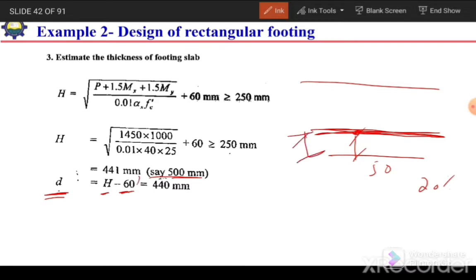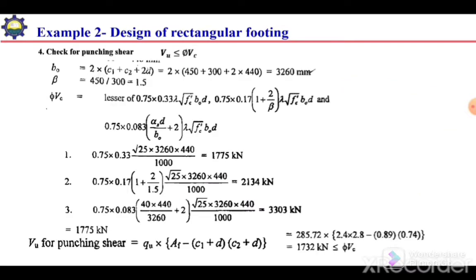So we can subtract this 60 value out of this H, or otherwise based on the clear cover as well as the diameter of the selected bar we can calculate the exact value instead of this 60. Here we have used 60 and it will give us the effective depth of 440 millimeter.